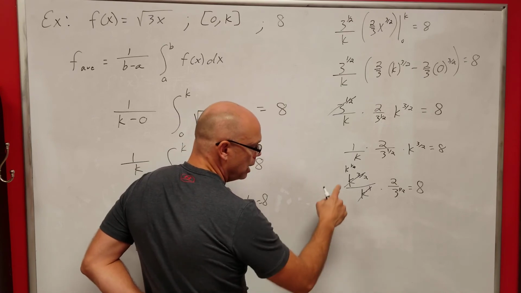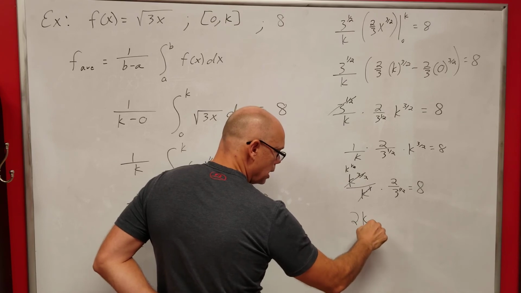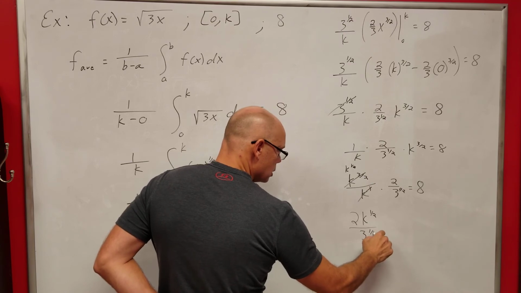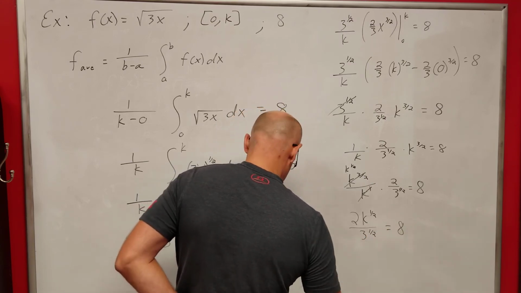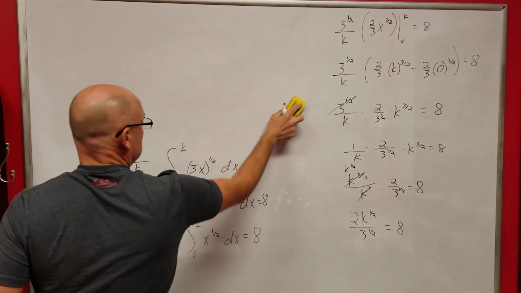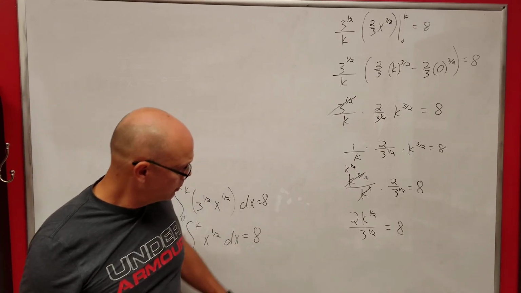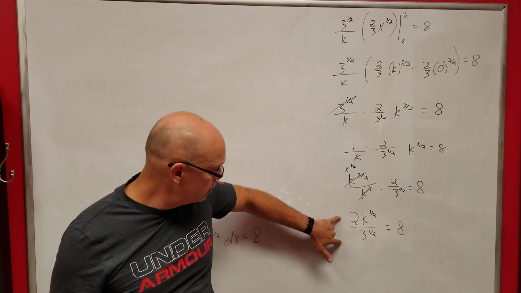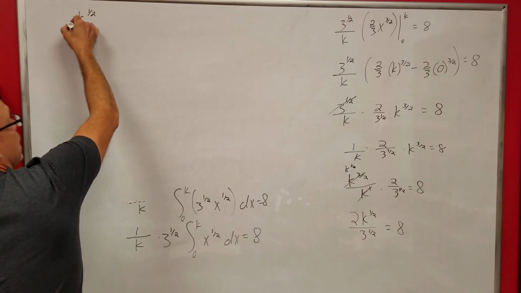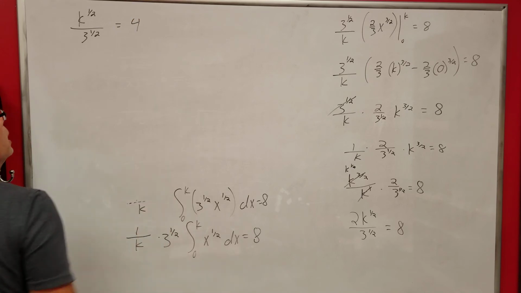We have k to the 1/2 times 2, so up in my numerator I'm going to have 2k to the 1/2 over 3 to the 1/2 is equal to 8. Let's keep going. Could I multiply both sides by 1/2? If I do so, I'll get k to the 1/2 over 3 to the 1/2 is equal to 4, right?